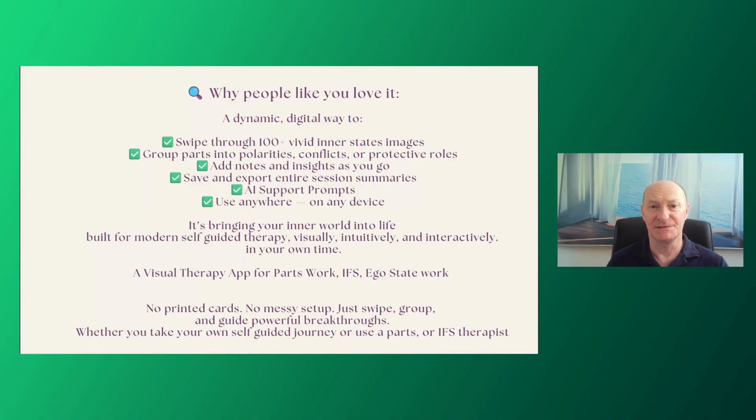People love it because it has over 100 vivid archetype inner states images within it, that captures nearly everything that anybody could have. We can group things as a result of this tool into the polarized inner states within us and conflicts and protectors and critics and that sort of thing. You can add notes and insights as you go.